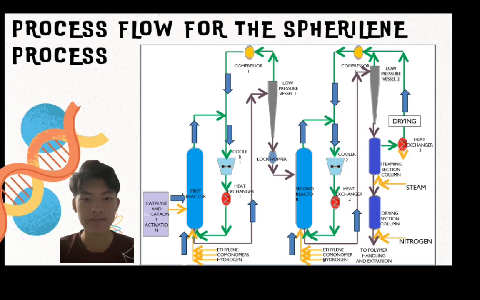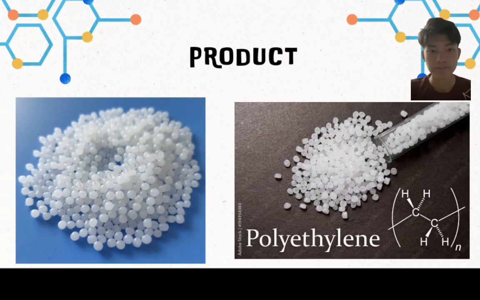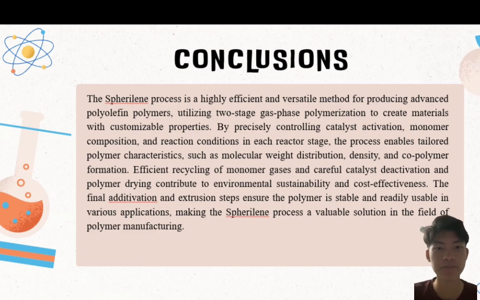The polymer is transported to the additivation and extrusion section, where stabilizers are added and the polymer is extruded to pellets. This is the final product of the process flow, that is polyethylene pellets.